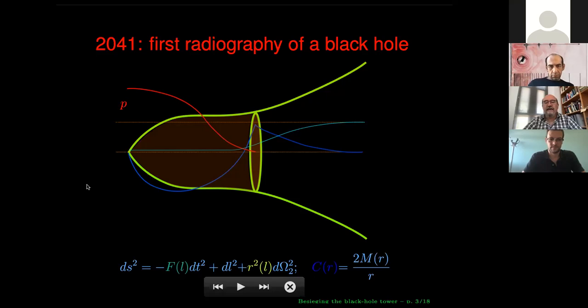Let me also explain what I didn't say before: the compactness function, this blue line, in the external part of the geometry does something very similar to what happens with the Schwarzschild geometry.